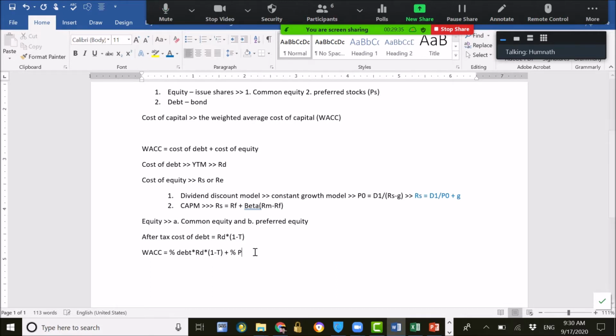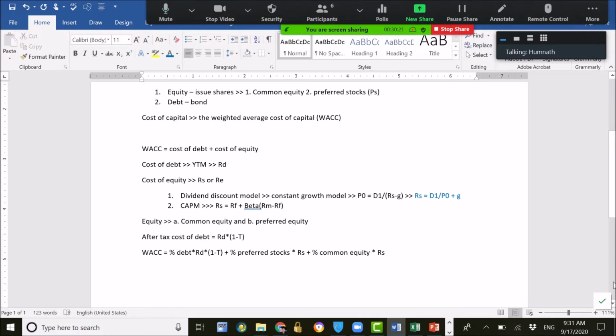The percentage of preferred stock, you multiply by R sub PS, the cost of preferred stock, plus finally the percentage of common equity times R sub E or S, whatever you want to call it.